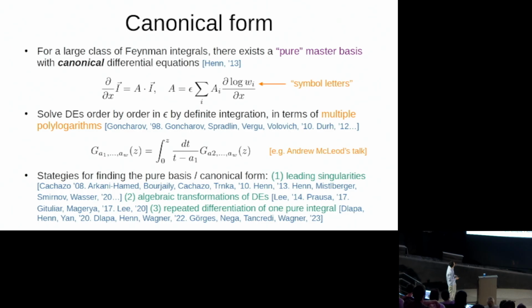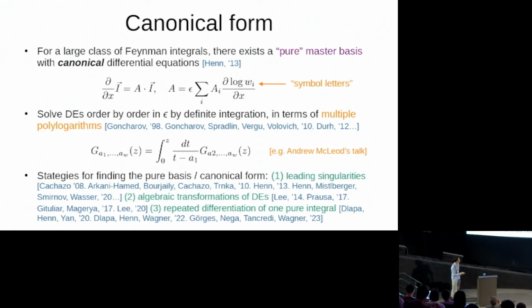Okay, so one very powerful form of differential equations is the canonical form, where the right-hand side of the differential equation is proportional to this dimensional regularization parameter epsilon, which allows you to solve the differential equations order by order in epsilon by definite integration in terms of multiple polylogarithms, which are applied in many modern amplitude and collider calculations, for example, in Andrew's talk.